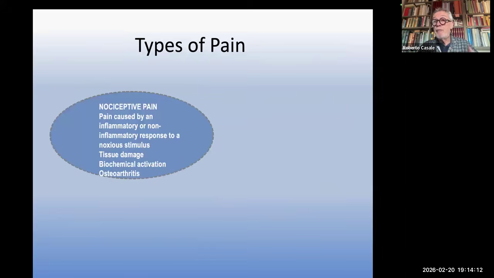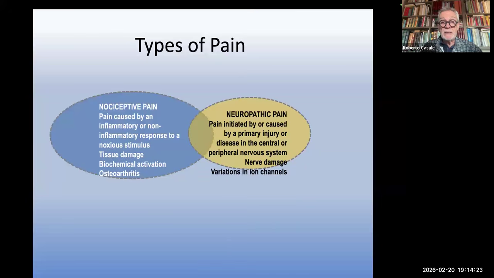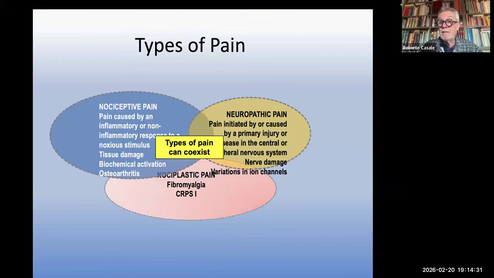And just to reinforce the difficulty of making a proper diagnosis of chronic nociplastic pain, we have to consider that the three major pain entities sometimes overlap.